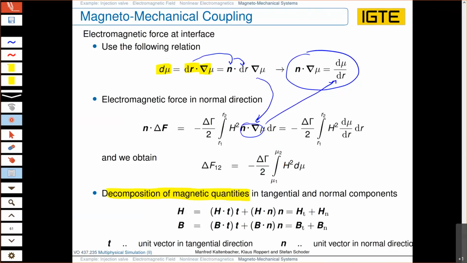And that is why we decompose h into its tangential vector and normal vector, and the same we do for p. And clearly what we can always use is this relation that p is equal to mu h, our constitutive equation.